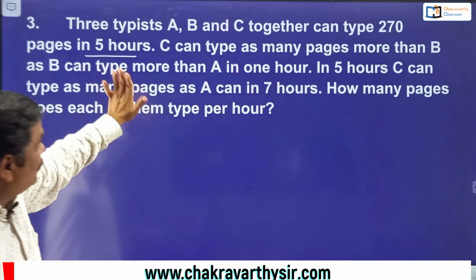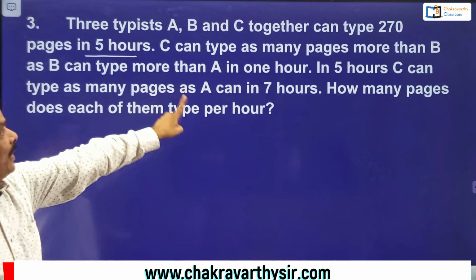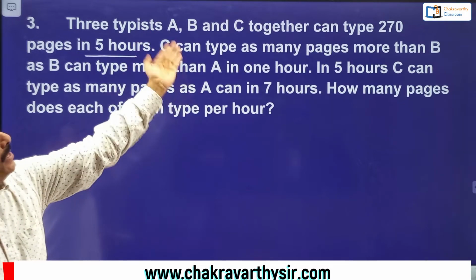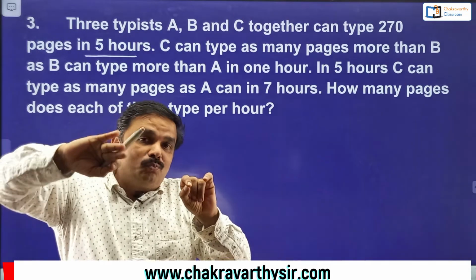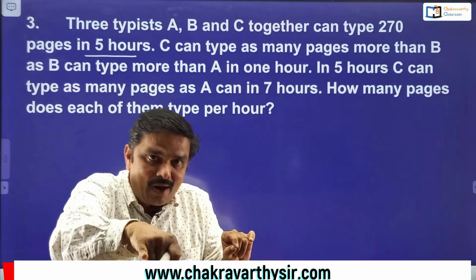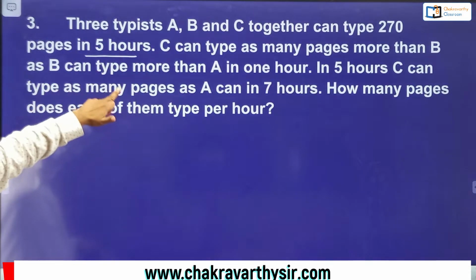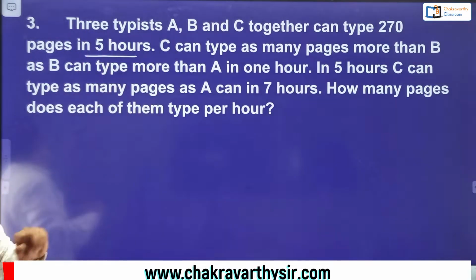I am reading it for you one more time. C can type as many pages more than B in 1 hour as B can type more than A. What's the meaning of this?